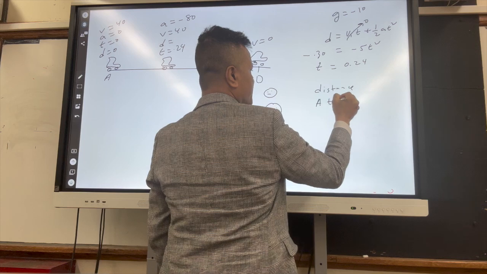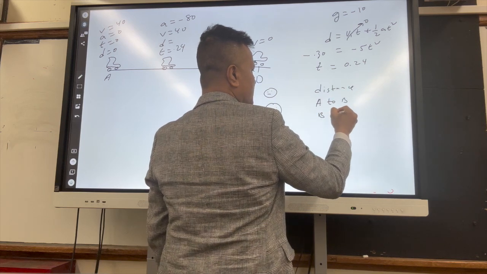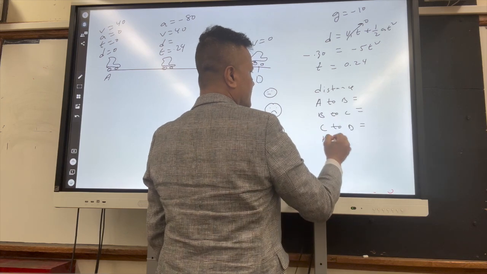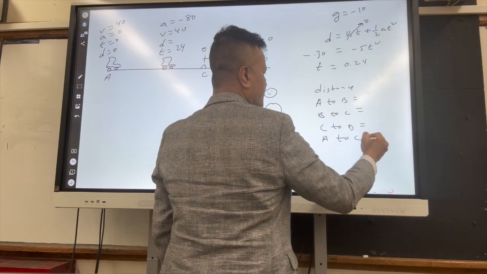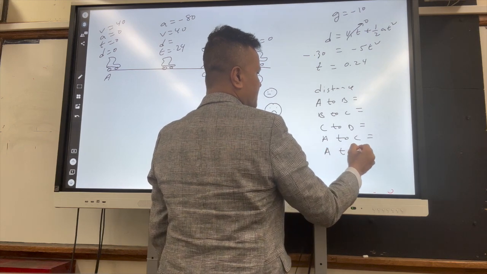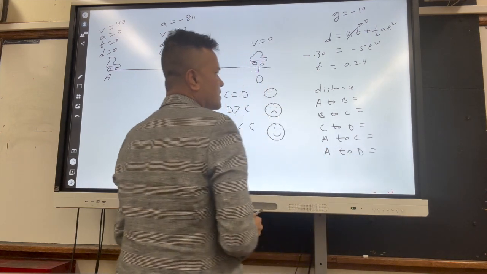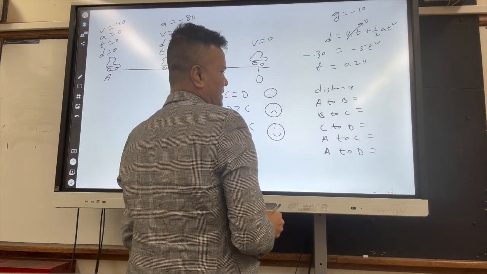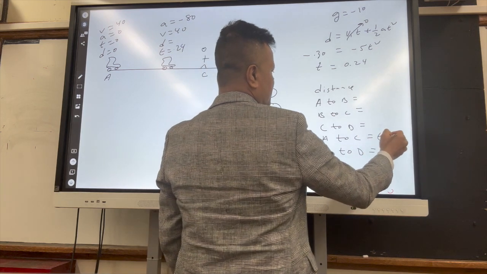A to B, B to C, C to D, A to C, and A to D. We already know A to C. A to C is 60 meters.